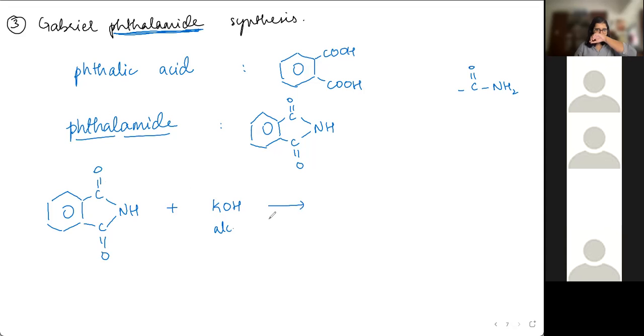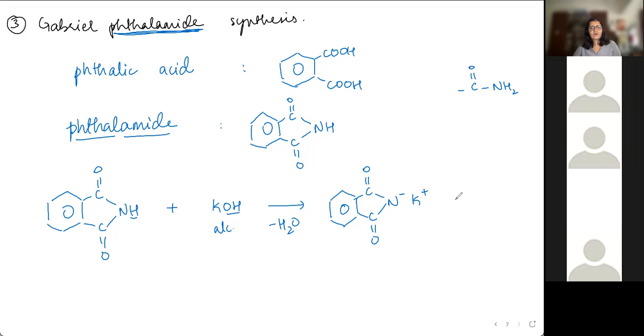In step 1, a water molecule is lost, H and OH lost, and you get potassium phthalimide. Same thing, except you have N minus because you lose an H plus, so you still have a negative charge, and K plus.